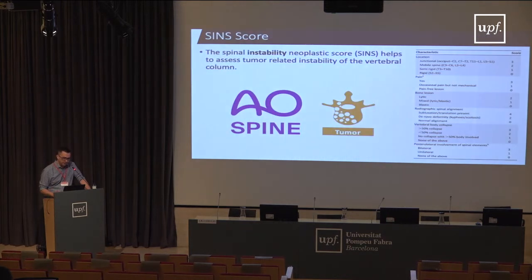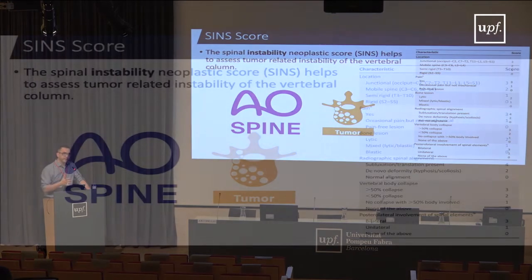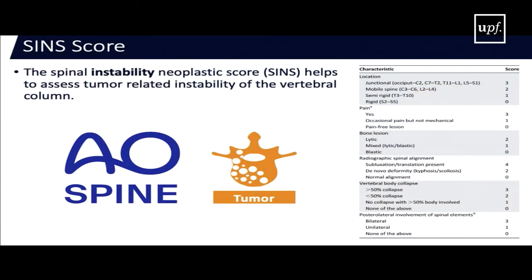And we did that because in everyday clinical life, it's very important to somehow figure out the chance of fracture in a given patient. And there is a clinical tool developed about 10 years ago. It's the SIN score, Spinal Instability Neoplastic Score, developed by the EOSpine.